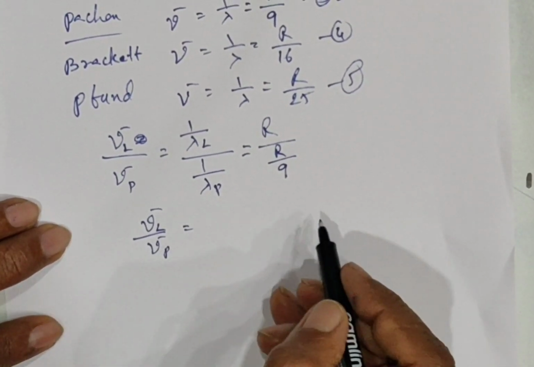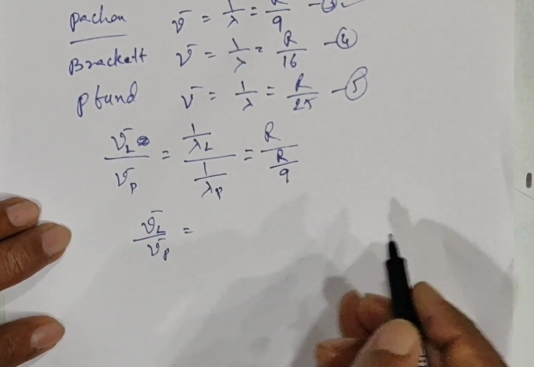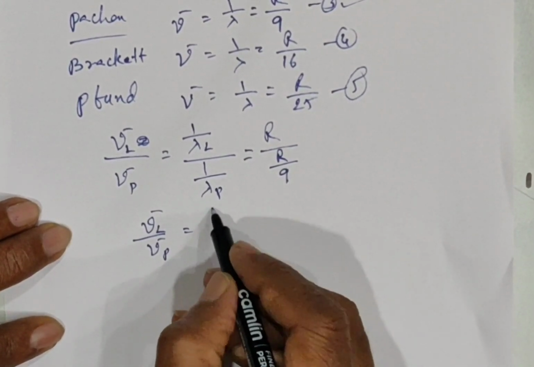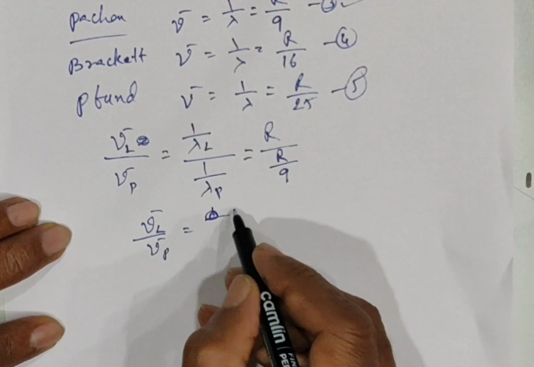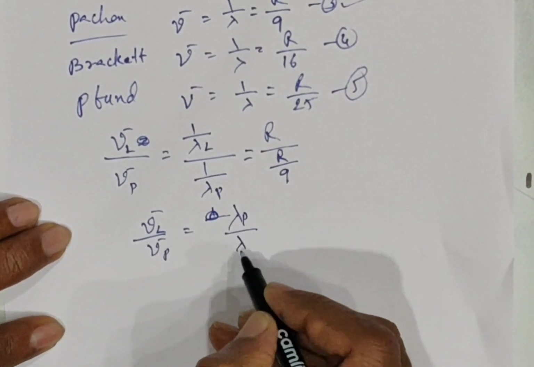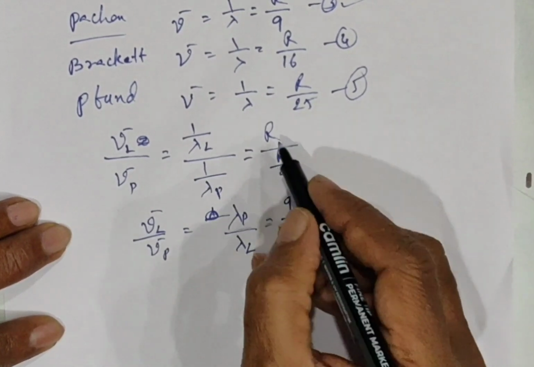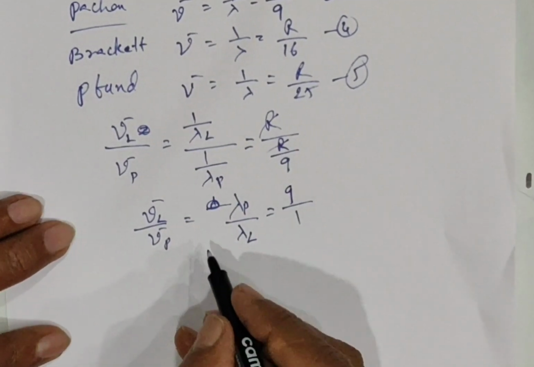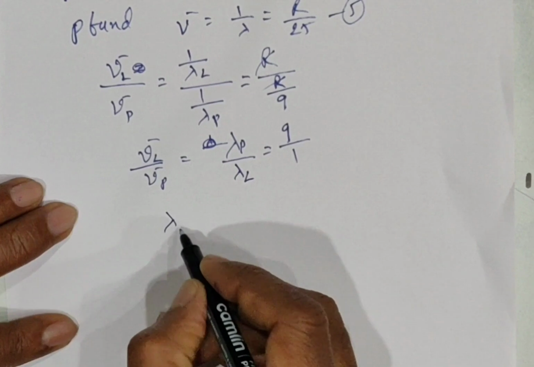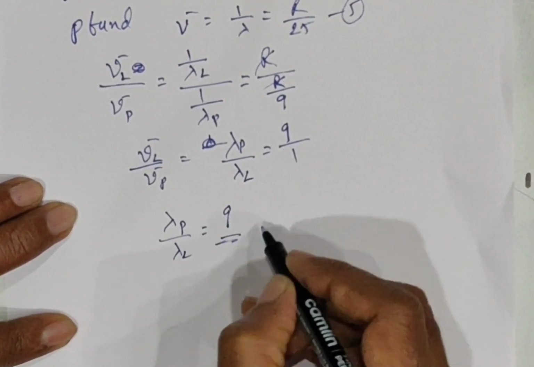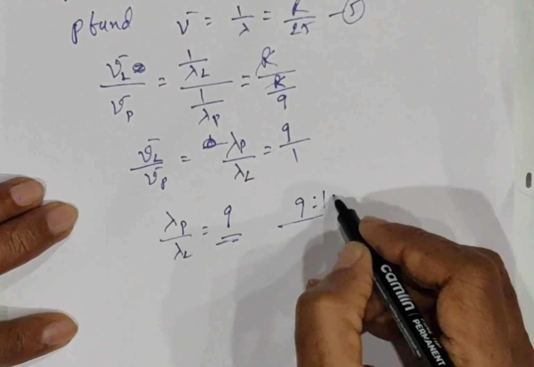Dear students, this is very easy, but somewhat lengthy, right? But very easy, definitely. Then lambda P by lambda L is equal to 9 by 1. R cancels. Then the ratio of wavelengths, lambda P by lambda L, is equal to 9, that is 9:1.